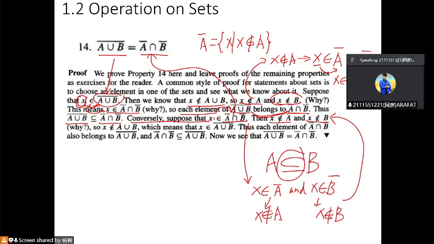Alright. So if x does not belong to A and x does not belong to B, so x does not belong to the A union B. And if x does not belong to the A union B, it means x belongs to the complement of A union B. Is that right?